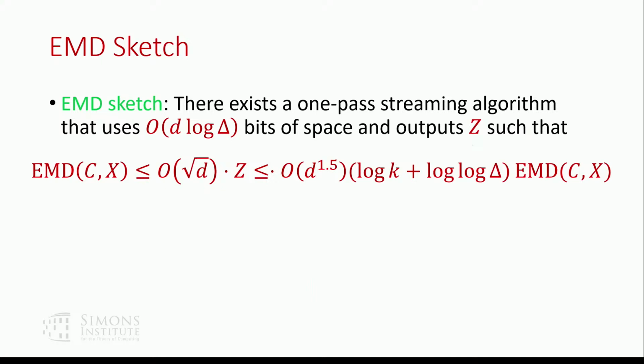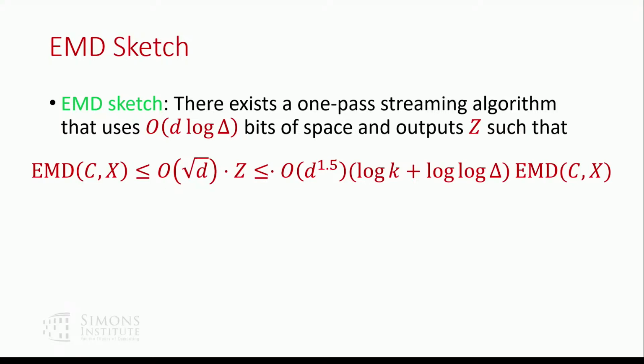So by putting these two things together, first the EMD embedding, this quadtree embedding, and then an L1 norm approximation algorithm on top of that, we get a one-pass streaming algorithm that outputs a z such that z is close to the EMD. And really what you should view the EMD as is the optimal cost of the clustering. I changed the notation a bit, but this is the optimal cost of the clustering.